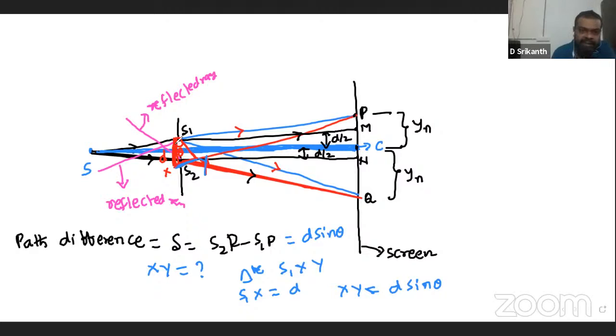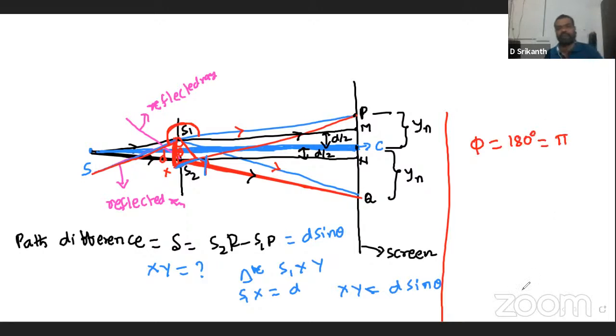And there will also be a path difference between these reflected rays and diffracted rays. The angle between reflected rays and diffracted rays will be maximum, 180 degrees, or we can write it as pi radian. Whenever we have the phase difference as pi, I want to find the path difference.